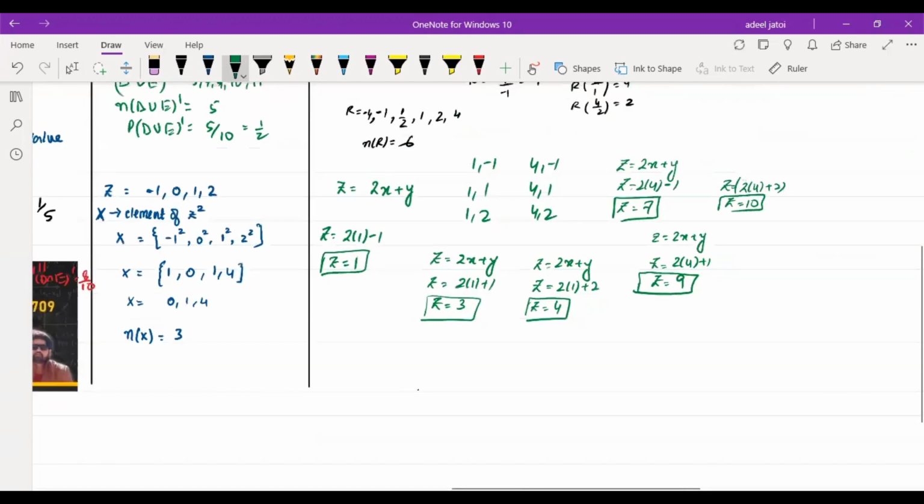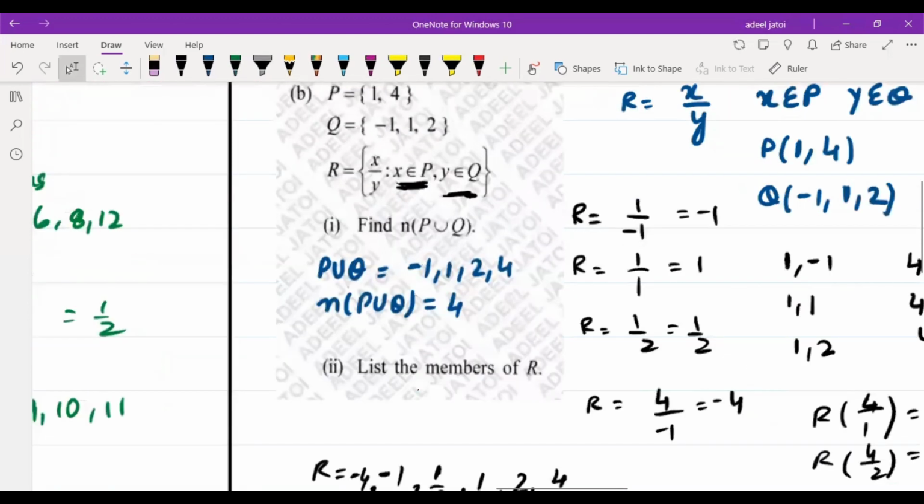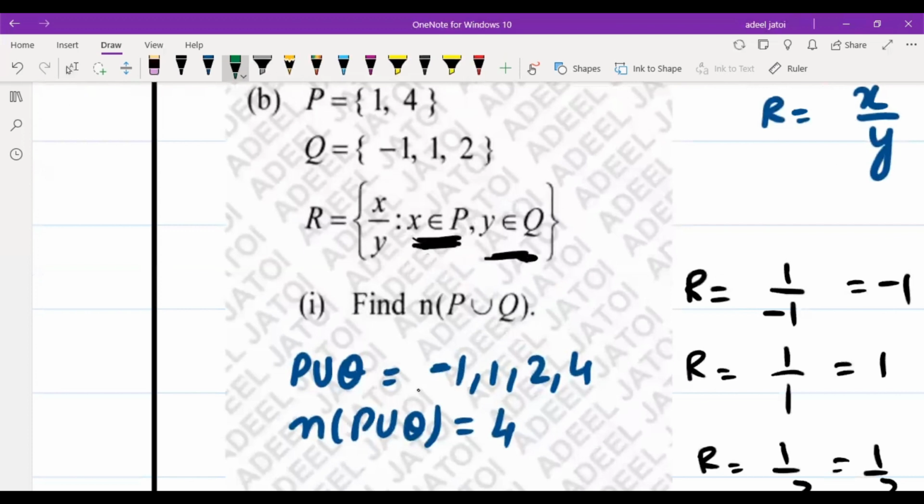So 6 answers, because there were 6 different options using your what? x and y, because x is represented by P and y is represented by Q. So P is {1, 4} and Q is what? {-1, 1, 2}. The question did not make any specific point that this value will be taken.